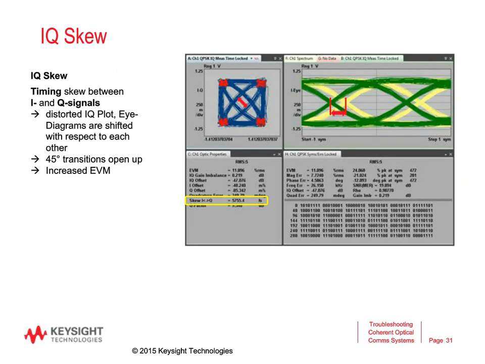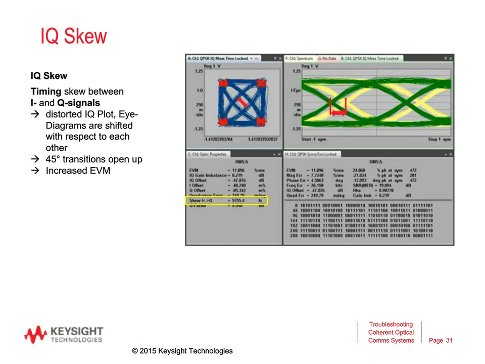Another measurement we can analyze is the IQ skew. If you look at the constellation points, you see that the 45-degree transitions kind of open up, and they're not a straight line between the constellation points anymore. That's the first indication that something's wrong with the timing of your I and Q data signals running into the modulator.